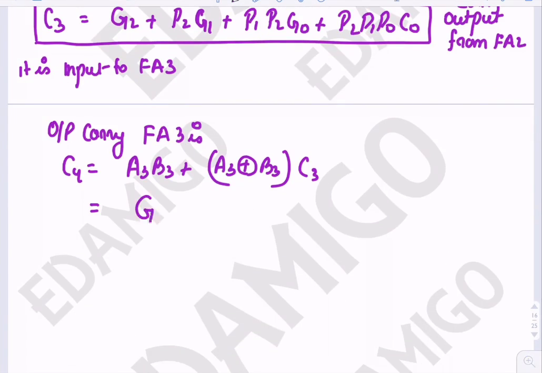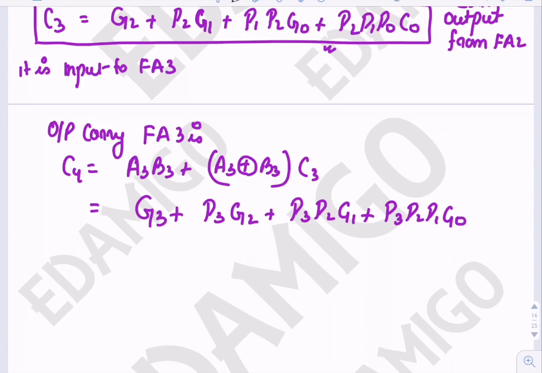So that is equal to G3 plus P3 into C3, we can put it from here. So we'll get G3 plus P3 G2 plus P3 P2 G1 plus P3 P2 P1 G0 plus P3 P2 P1 P0 C0. So we get C4 from this expression.